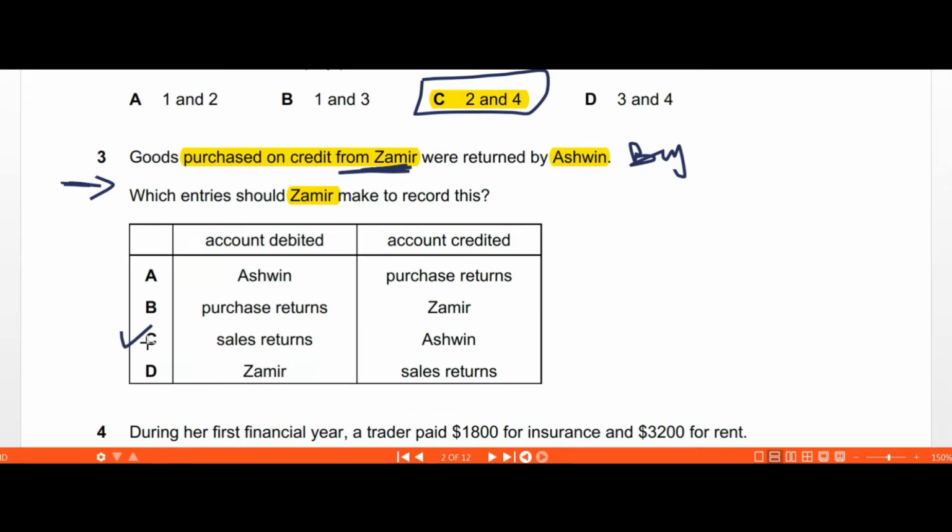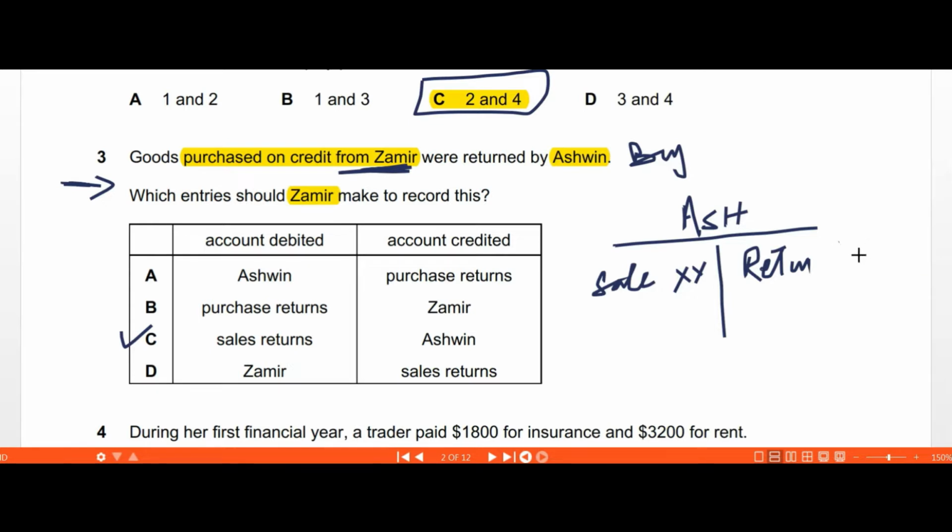Why? Because when Ashwin was the buyer, as we sold him the goods, we must have debited his account with that particular amount. So now when he has returned that amount to us, we are simply deducting that amount from him, as he no longer owes us that. So that's why Ashwin's account is being credited. So we choose option C.